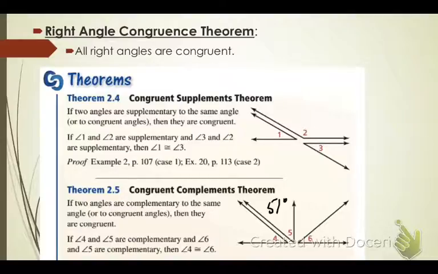But if angle 5 was 51 degrees, we know angle 4 would have to be 39, so they add up to 90. Also, angle 6 would have to be 39, because the only number that adds with 51 to get 90 would be 39. So the congruent complements theorem and the congruent supplements theorem are very similar. They're just saying when you have two angles complementary or supplementary to the same angle, your two angles have to be congruent to each other.